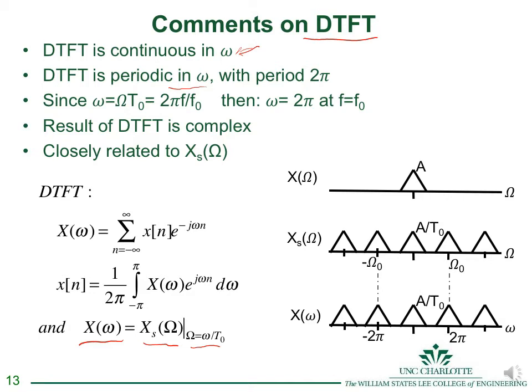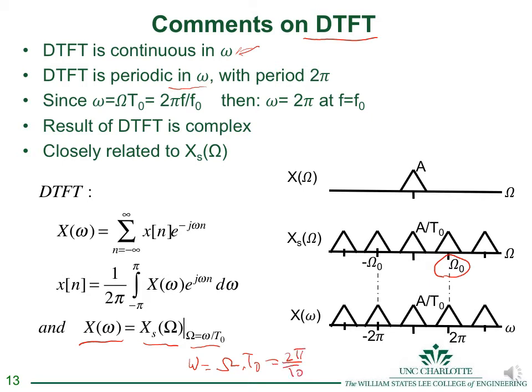And so that would also mean that omega equals omega times t0. Recall, to find a time point for that correspondence, if we look at what happens at omega 0, that frequency, of course, is 2 pi over t0, which is our sample rate.